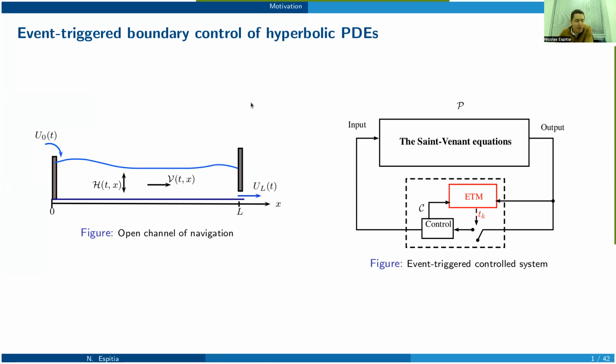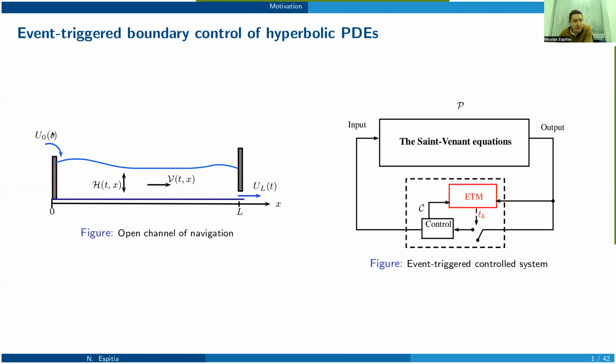So consider the problem of control of a network of open channels of navigation. Open channels can be modeled using the so-called Saint-Venant equations. And we want to regulate, say, the flow and the level of the water.